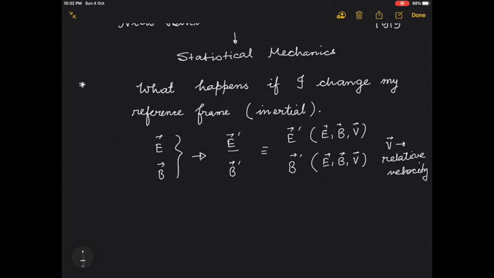This is strange because we presume E and B as vectors.